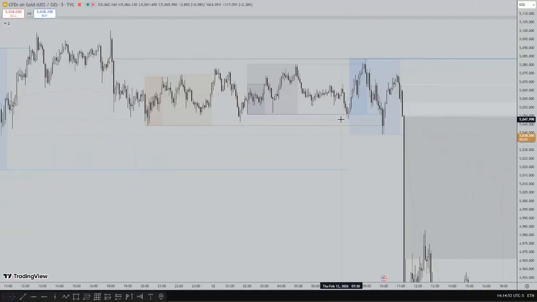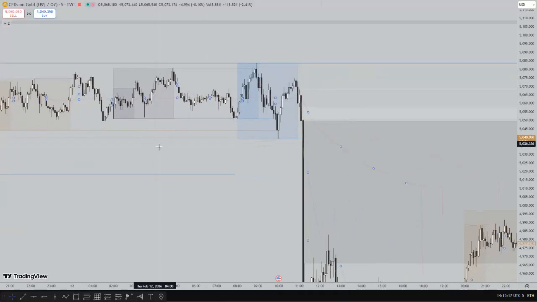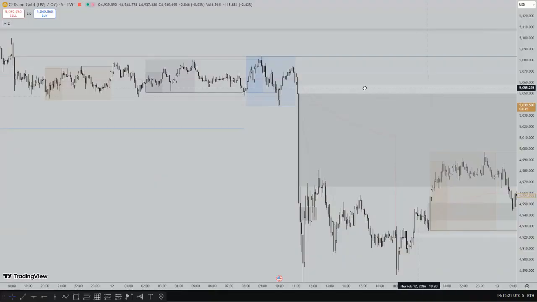But yeah, I hope that kind of shows how I use this, because I really just look for these sweeps of these highs or lows, see if they're going to pull us back, or if we're going to respect off of an imbalance or whatever, and see if we can get a buy, or see if we can get a sell. If we're going to keep moving, you know, it's pretty self-explanatory. It's not too crazy of a strat.